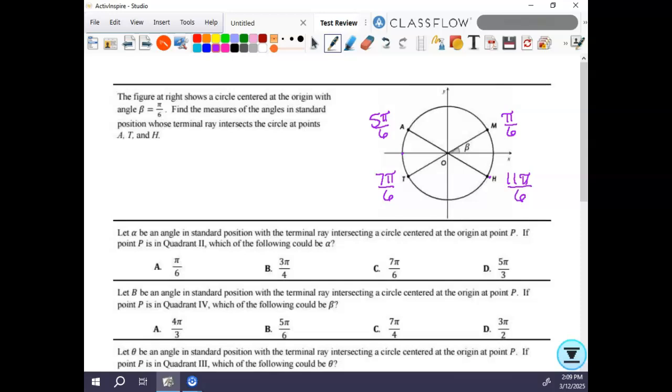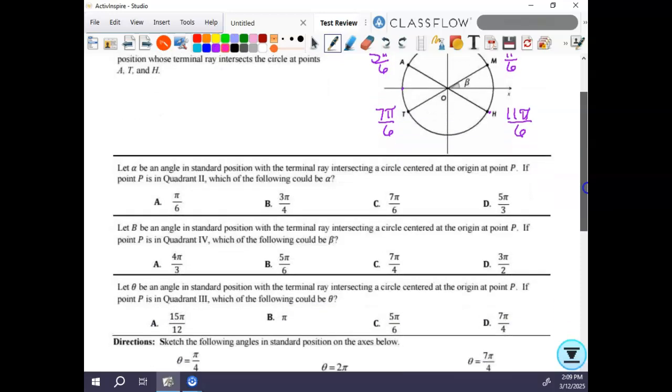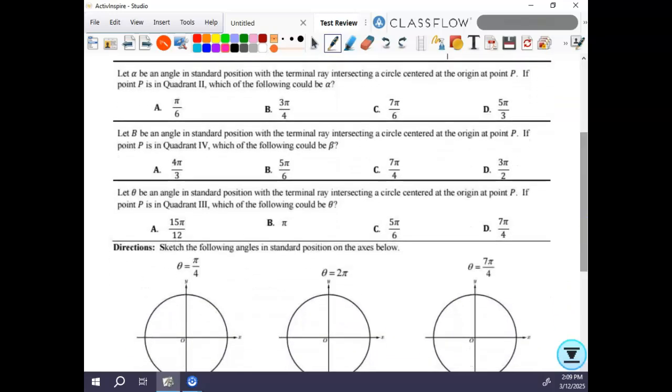All right. So then we have, it says let alpha be an angle in standard position with a terminal ray intersecting a circle centered at the origin at point P. If P is in quadrant 2, which of the following could be alpha? So again, something I think we should be pretty good at by now is figuring out the quadrants. So let's just, pi/6 is in which quadrant?